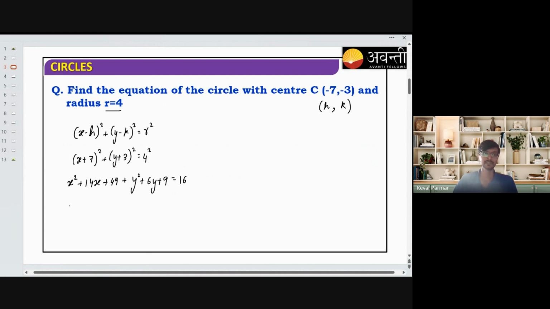Let us simplify it as x square plus y square plus 14x plus 6y, and let's group these three constants. 49 plus 9 is 58, and 58 minus 16 is 42. So x square plus y square plus 14x plus 6y plus 42 equals 0. This is my answer. I hope you are getting it.